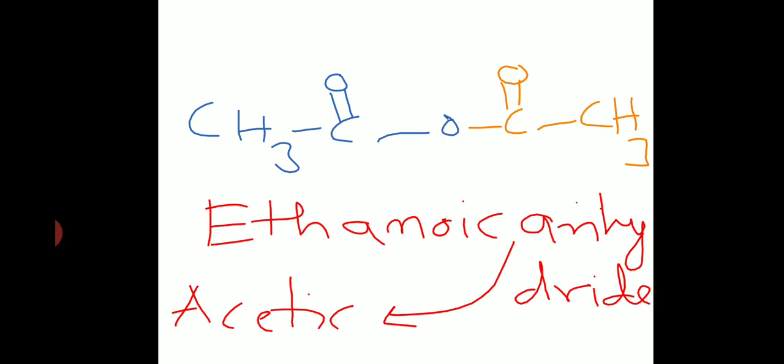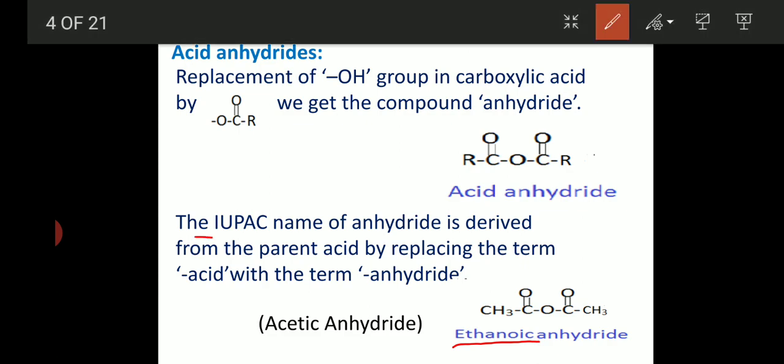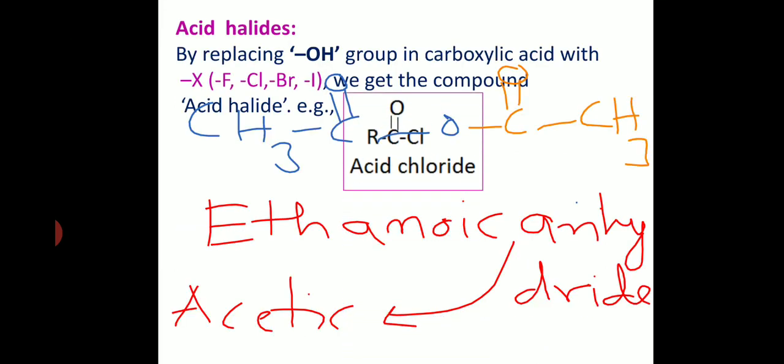IUPAC, as we have discussed in the previous session, is the International Union of Pure and Applied Chemistry. By IUPAC, rules for writing the names of carboxylic acids are formed. Those rules we follow to name organic compounds. Now coming to the next one.